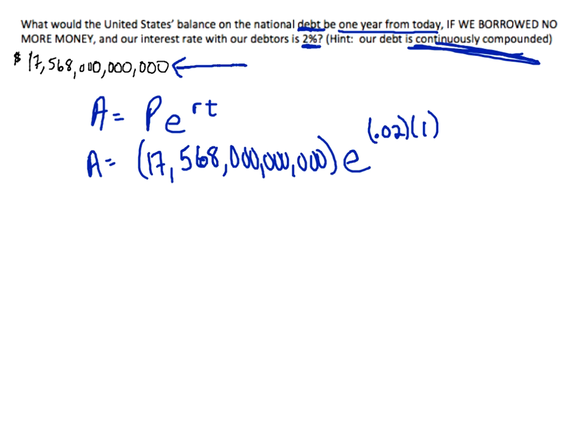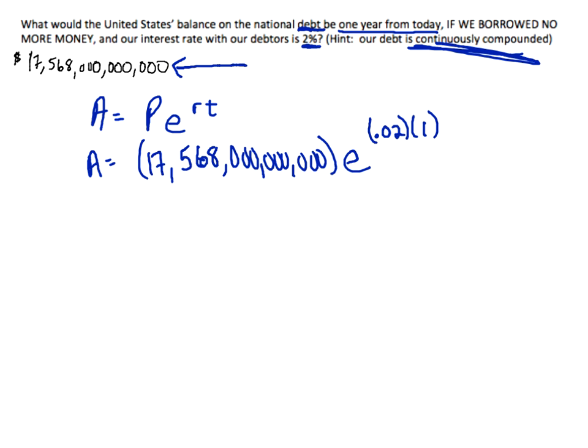I'll raise e to the 0.02, and I'm going to multiply that by 17,568 billion. So 1, 2, 3, 4, 5, 6, 7, 8, 9 zeros.